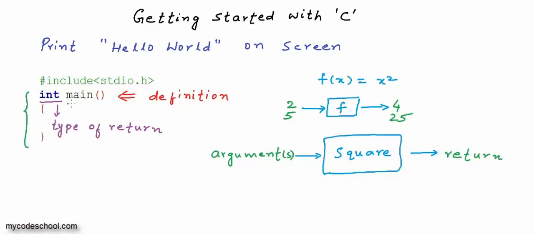Before the start of the parenthesis, what we have is the name of the function. So this function has the name main, and right now there is nothing inside the parenthesis, but inside the parenthesis you define what the function will accept as arguments. A function may not need arguments, and a function sometimes may not return anything.